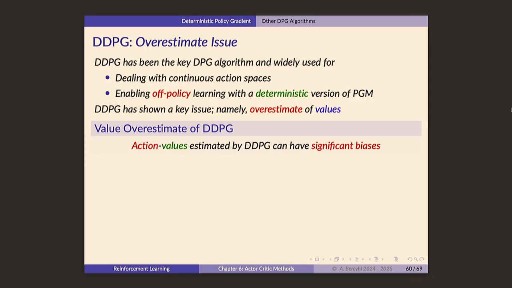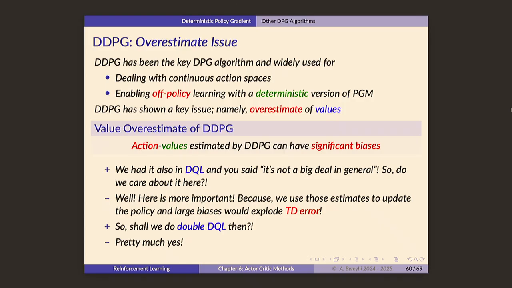Similar to Q learning, you could have action values estimated with significant biases. One thing that you might tell me is that I said in Q learning that is not a big deal, right? Sometimes you just estimate Q values with a bias, but that does not impact your optimal action.